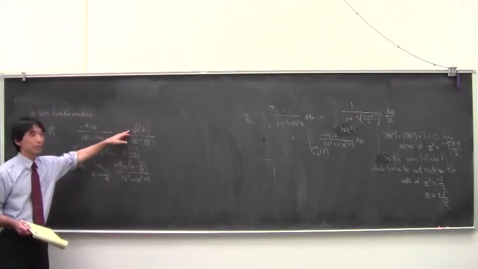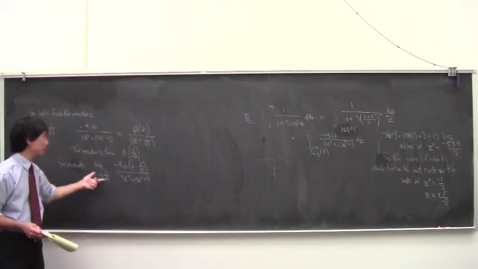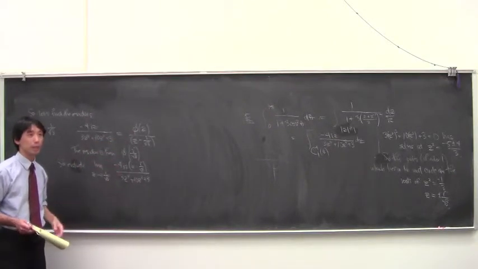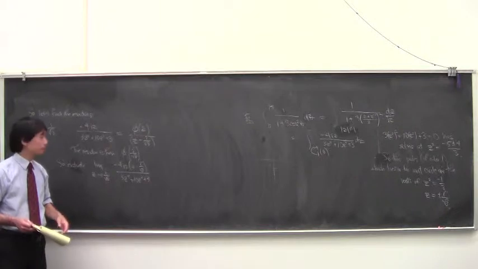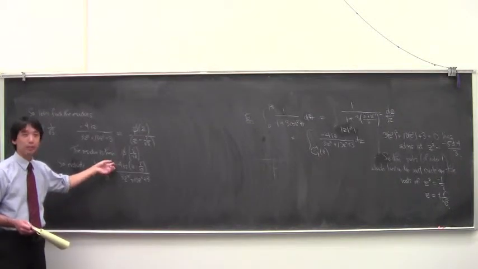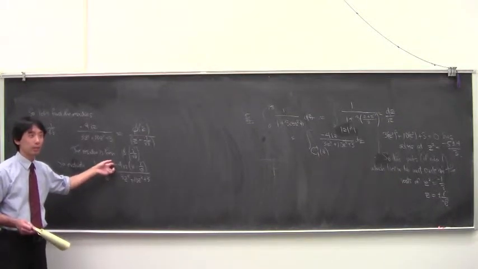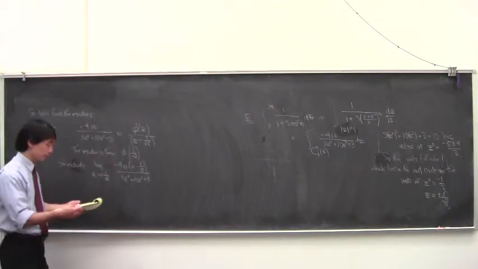This function is going to be analytic, so let's just take the limit as z goes to here. Now when you take this limit, you get 0 over 0, right? But you have L'Hopital's rule, so you apply L'Hopital's rule.